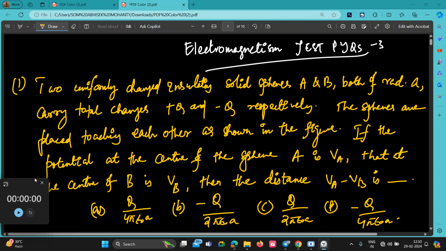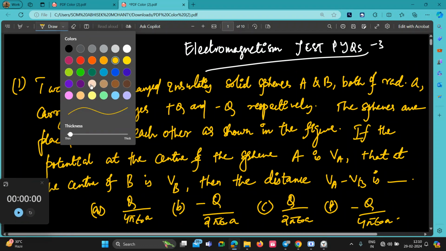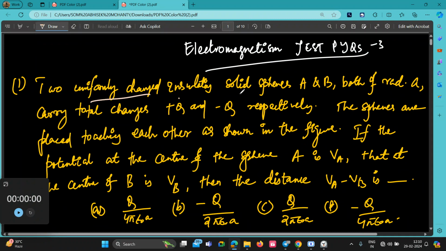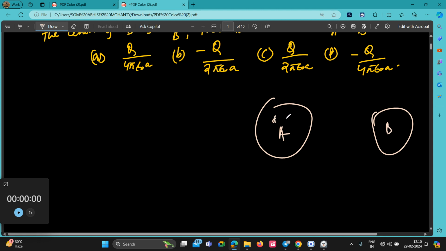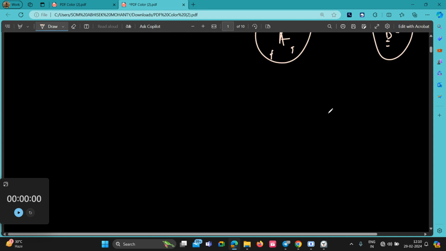Okay, see, two uniformly charged insulating solid spheres A and B. So they are like this: this is A, B. But in the question they're saying they're placed touching each other.